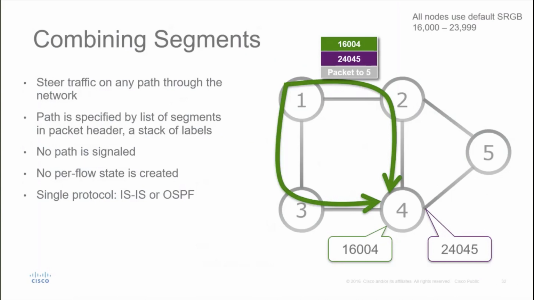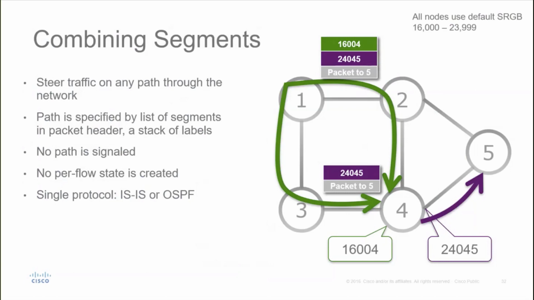So the packet will arrive at 4 with a single label, label 24045. At this point, node number 4, when looking at label 24045, will pop it and send the IP packet in gray directly to 5.